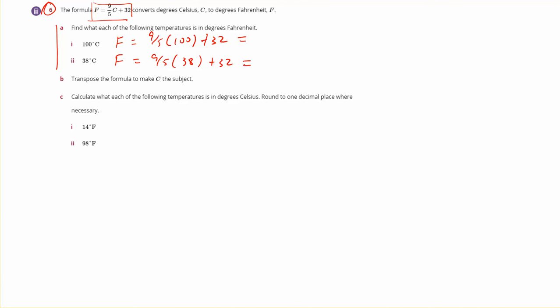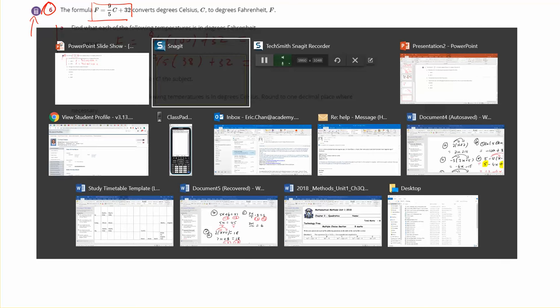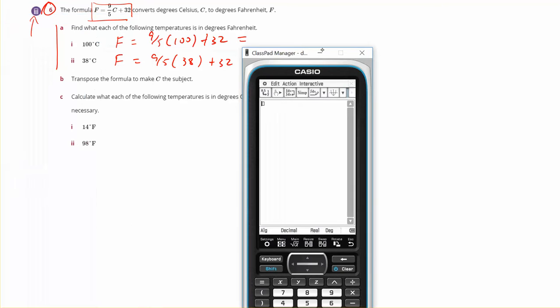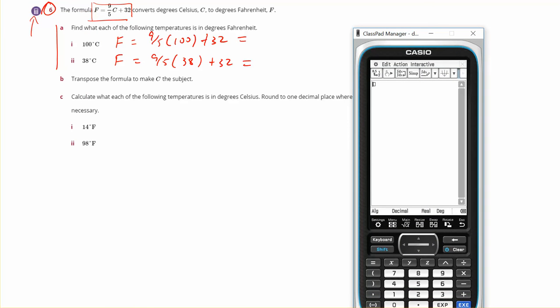So let's use a calculator, because as you can see in the purple circle, there's a calculator there, so you are expected to use the calculator. So let's go and substitute the value in. 9 divided by 5 times 100 plus 32, that's 212.